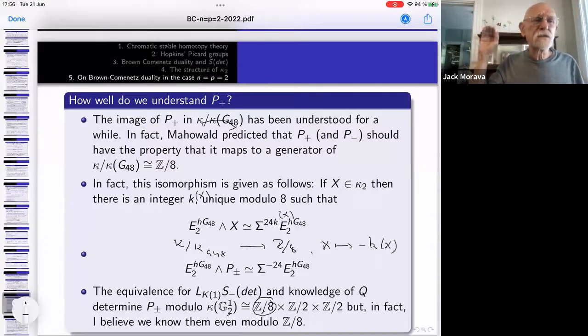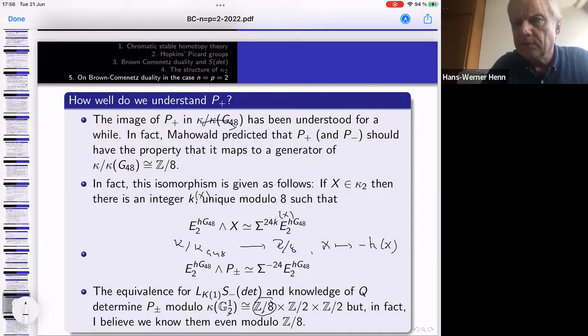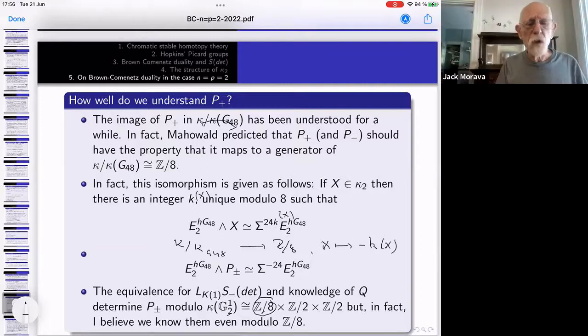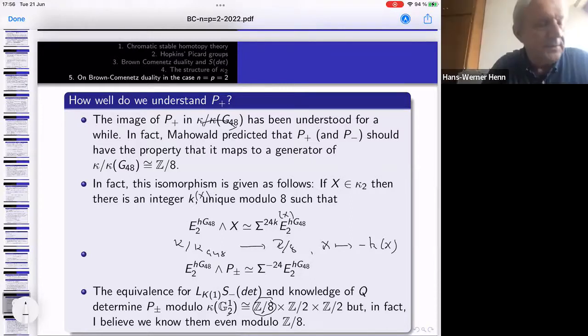I mention it just because it links to the arithmetic history of this kind of question. The arithmetic history of which question? The cohomology of these groups. Oh, I see. Okay.